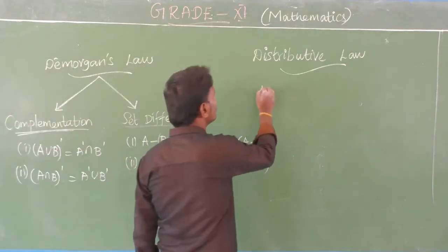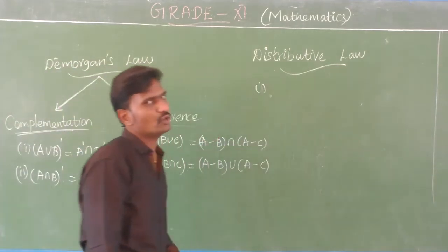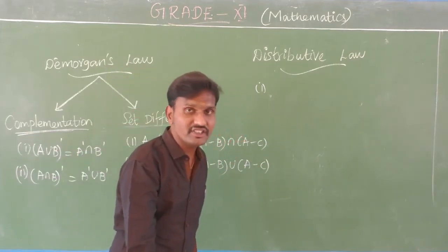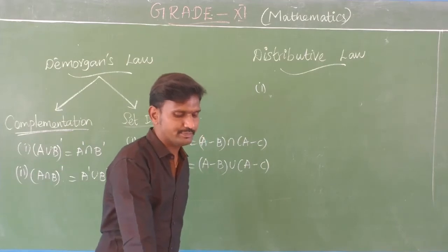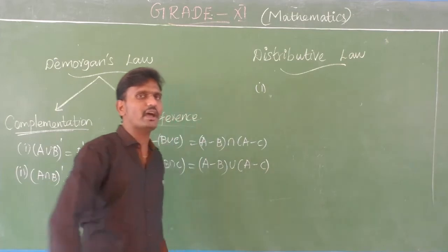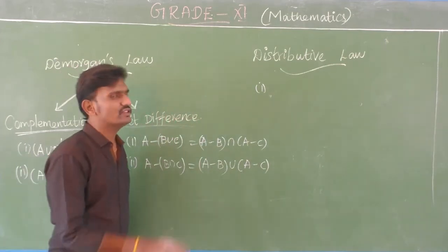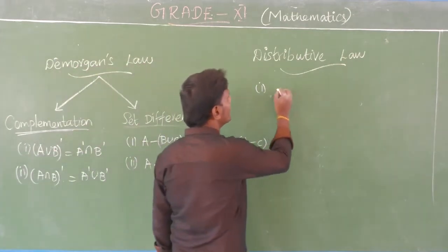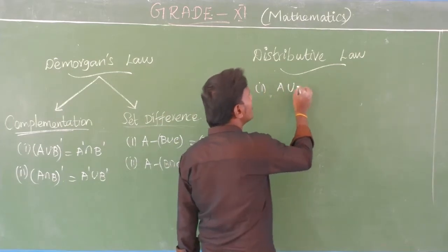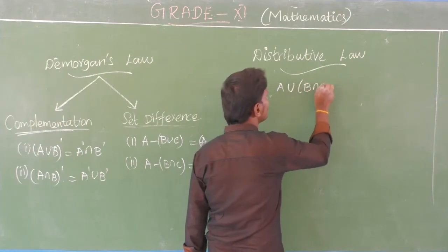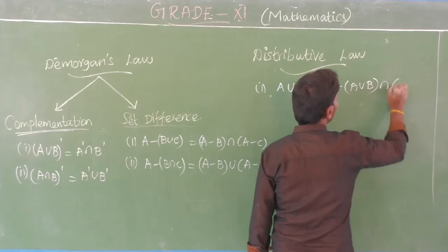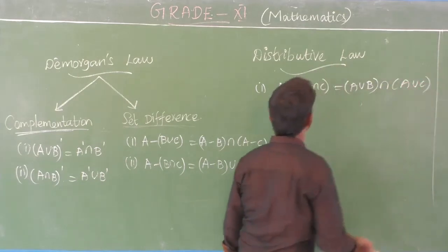Okay, and one very important thing is the distributive law. Already this question, only one question you have on page number 16, example sum. It's already given by some properties of operations of intersection. So here also we have two formulas, two laws. A union (B intersection C) is equal to (A union B) intersection (A union C).